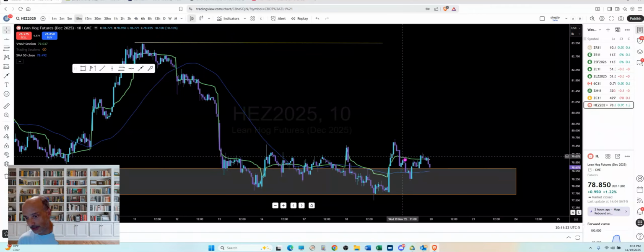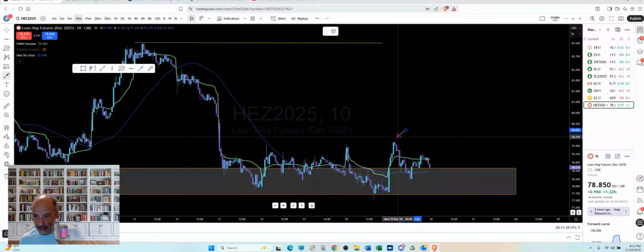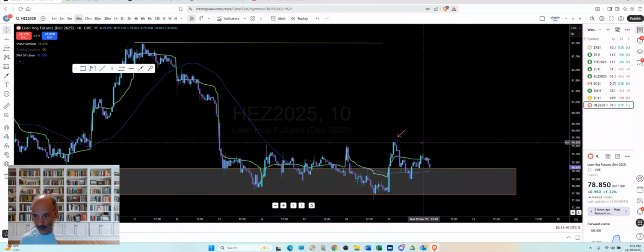And now price, especially when price is trading in between two flat moving averages like this, is just not an area I want to trade. So until we start clearing this congestion area, basically at this point, I'd want to see price definitively break this high and start stair stepping up. That could be our reversal off there.